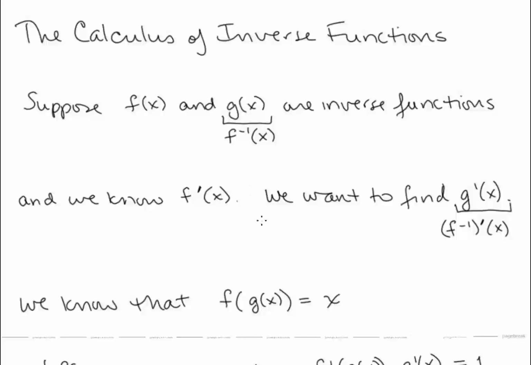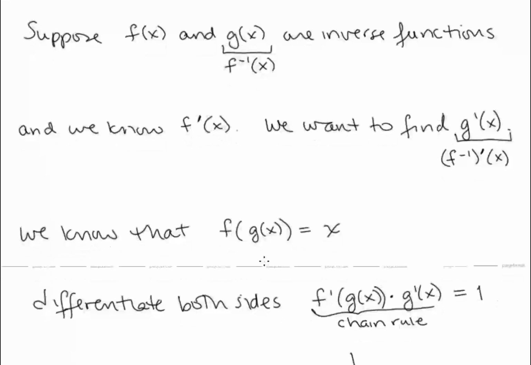So what we're going to do right now is talk about a relationship between the derivatives of inverse functions. Now we know that because they're inverse functions, when we compose them, we get back x. So let's take the derivative of this equation with respect to x. On the left-hand side, we use the chain rule, and we get f prime of g of x times g prime of x.